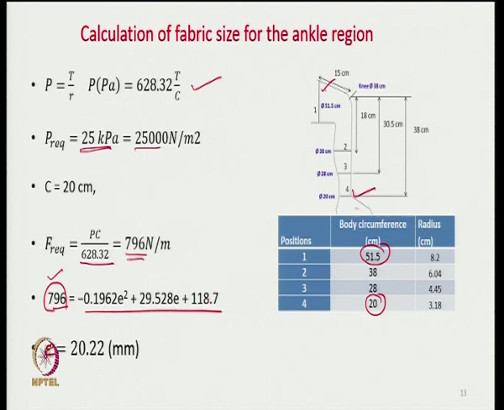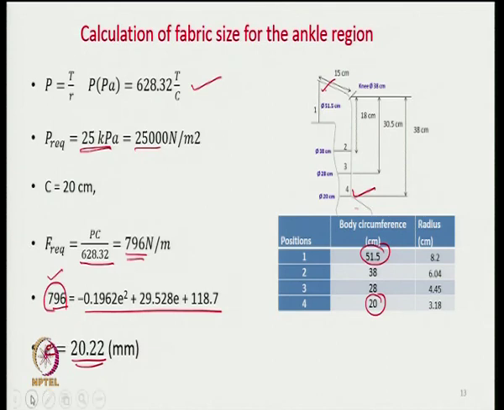and if we solve this equation using Excel sheet, we get a value 20.22 millimeter. That is, if the fabric that we have seen earlier is elongated 20 millimeter, then this much of force will develop.